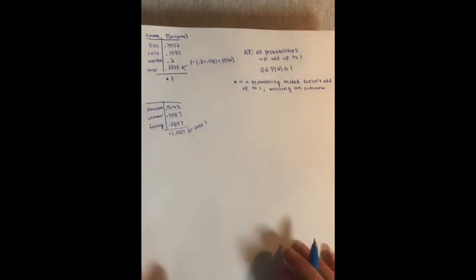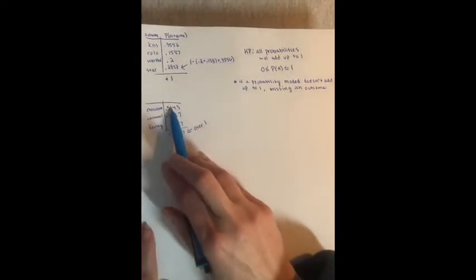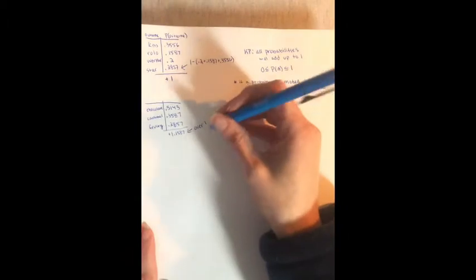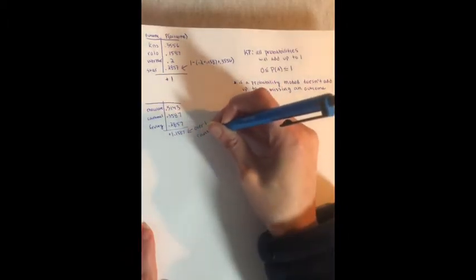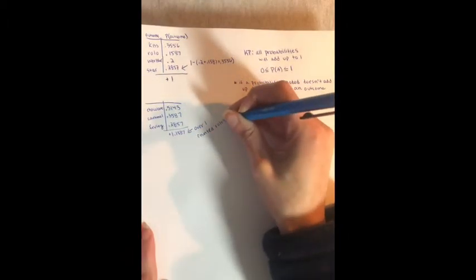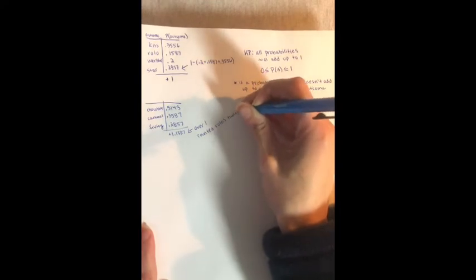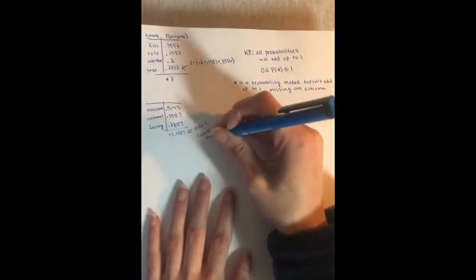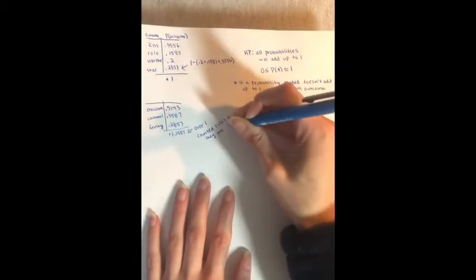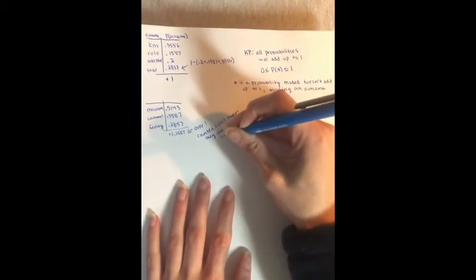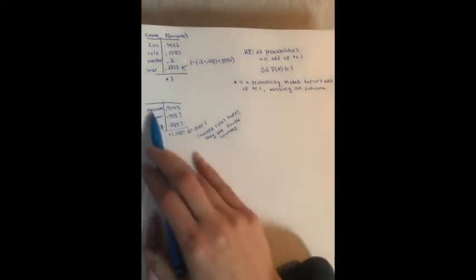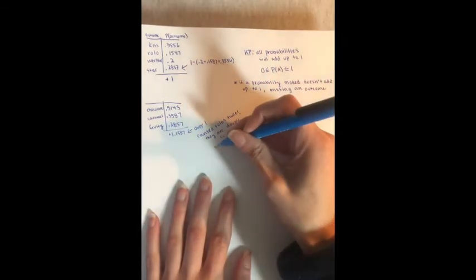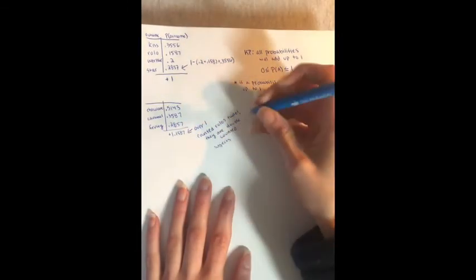You're right, I counted the Rolos twice because Rolos have both chocolate and caramel. Okay, so they're double counted. So subjects in this model are in multiple categories. That's how it could go over 1.